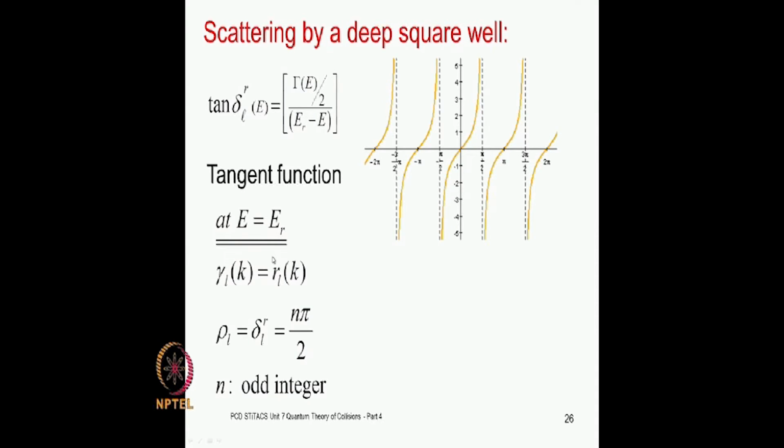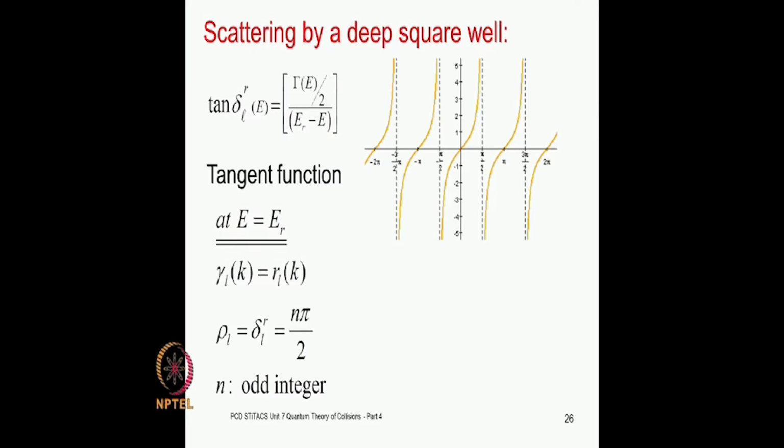And notice that at resonance, when E is equal to ER, this denominator goes to 0, so the tangent shoots up, right? And the phase shift is n pi by 2. Okay, so that's the criterion, mind you, for a resonance. It's not in terms of the value of the cross section, it is in terms of the value of the scattering phase shift of the resonance part of the scattering, okay?